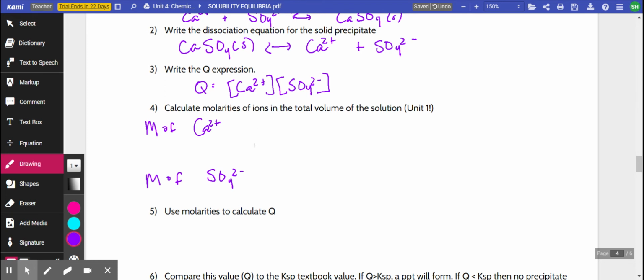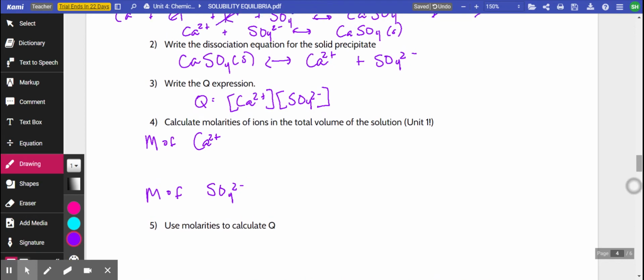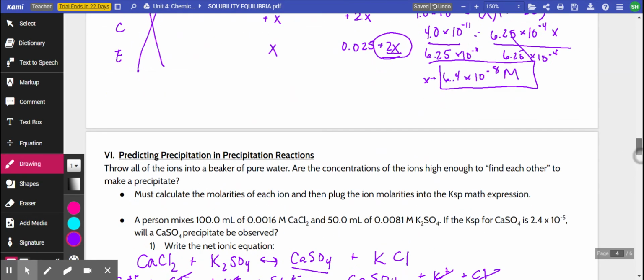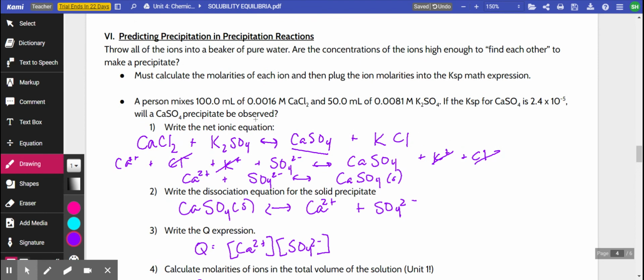To do that, we need to look at our volume and our molarity. For calcium, we have 100 milliliters, and it gives us the molarity. Remember that these are being added together, so the total volume is going to be 150 milliliters.